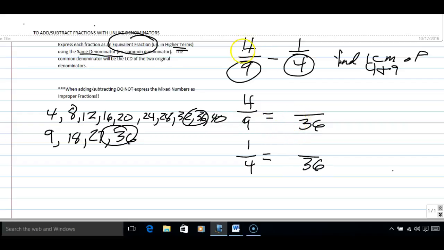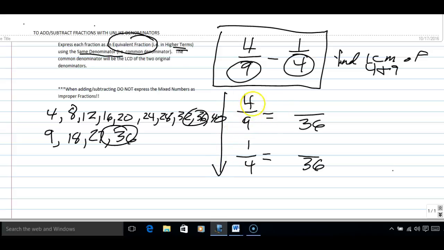Now remember, do not subtract the numerators. Do not subtract the denominators. That's not how you add or subtract fractions. In order to add or subtract fractions, you must have a common denominator. And I also like to rewrite the problem, if it's an addition or subtraction problem, in column form, so that I can easily find my numerator for my fraction written in higher terms.